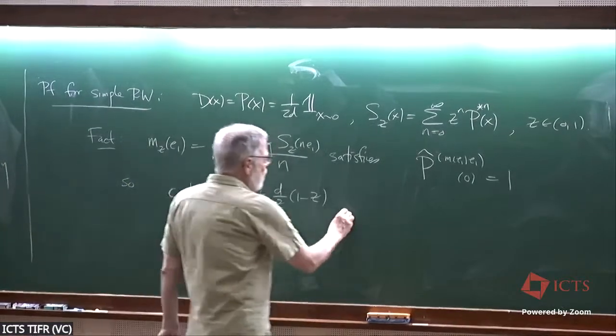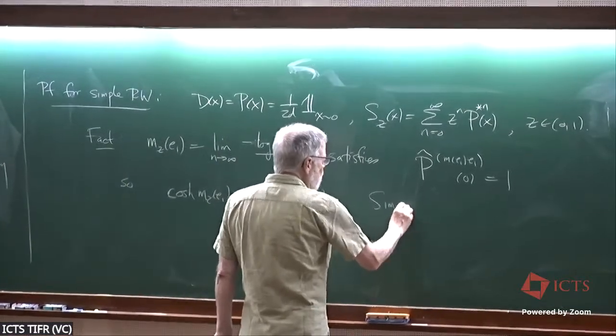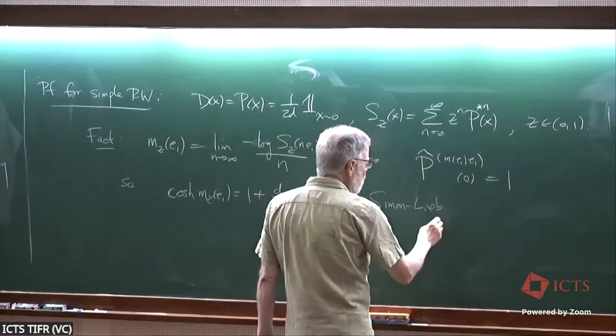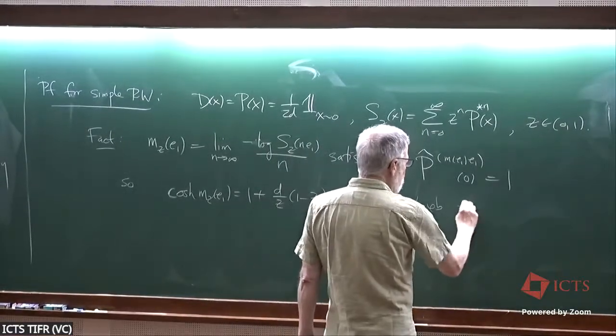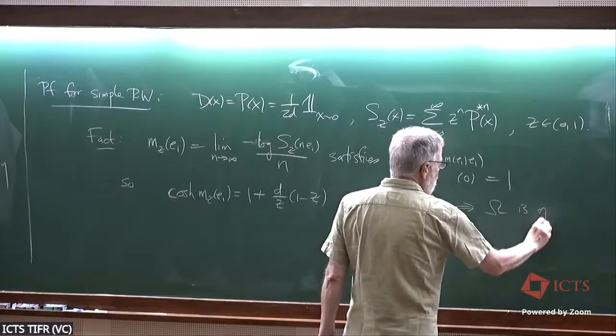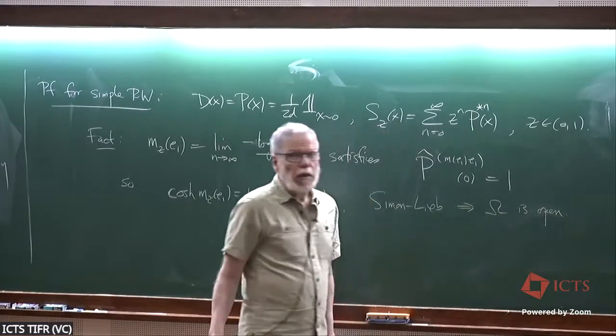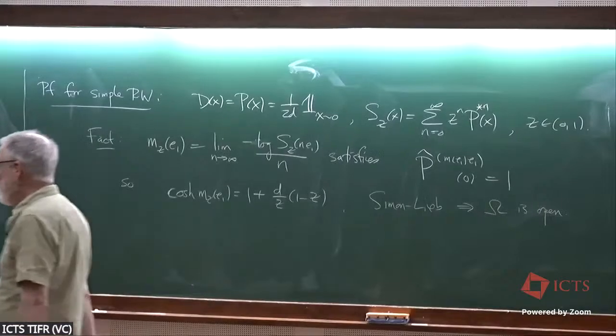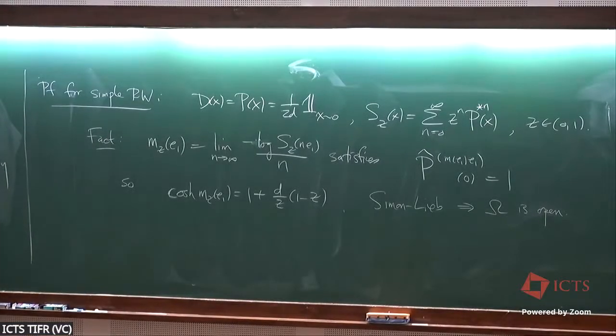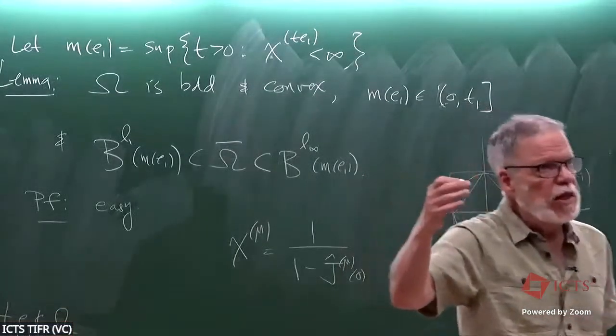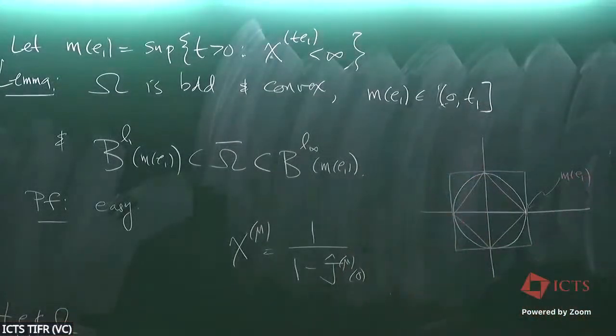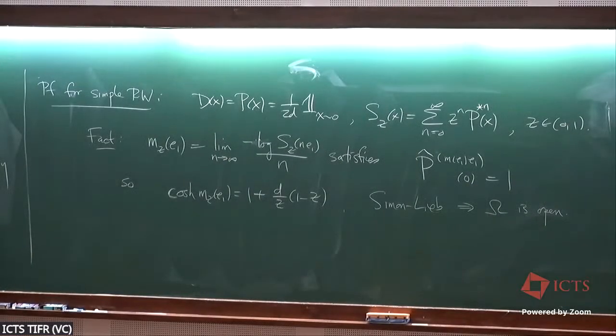There's a Simon-Lieb argument that you can use that I'm not going to go into. Some of you know what that is. It implies that omega is open. It tells you that you cannot have a point on the boundary of omega where the tilted susceptibility is finite, because if you did, there'd be a neighborhood of that point where it was, so you'd get outside of omega.